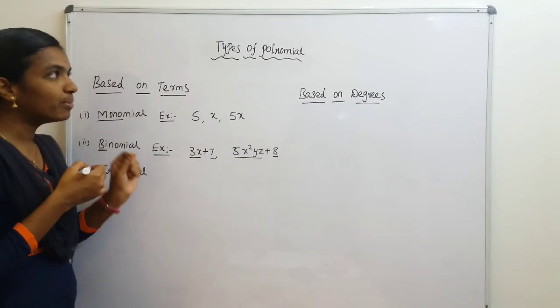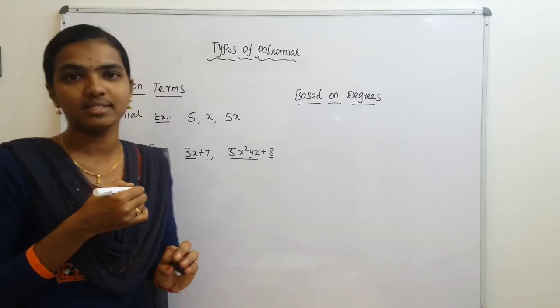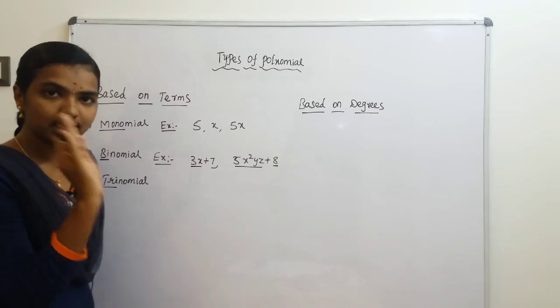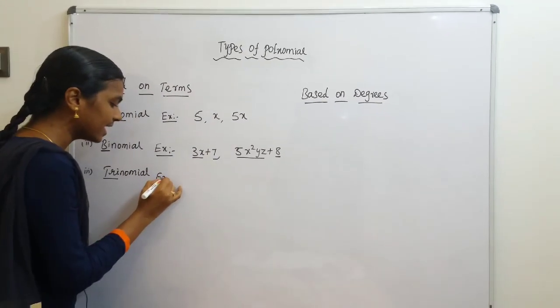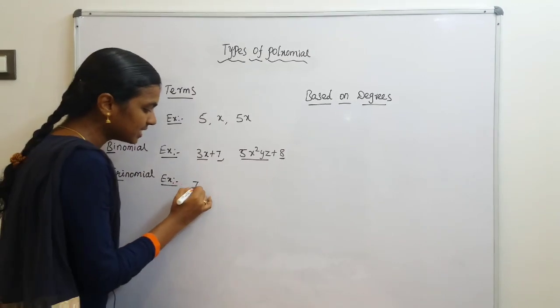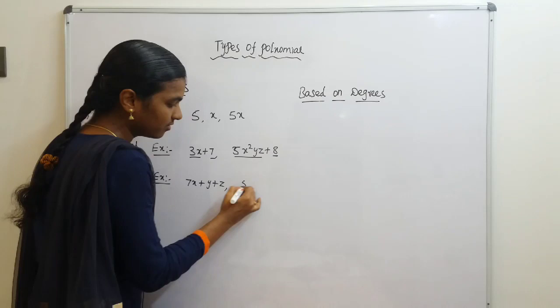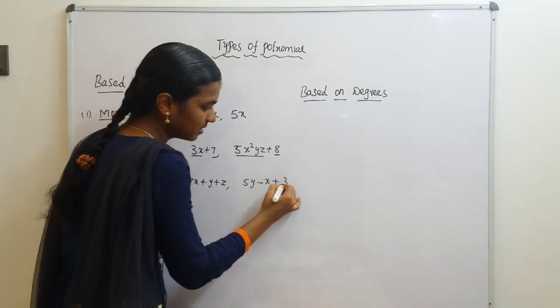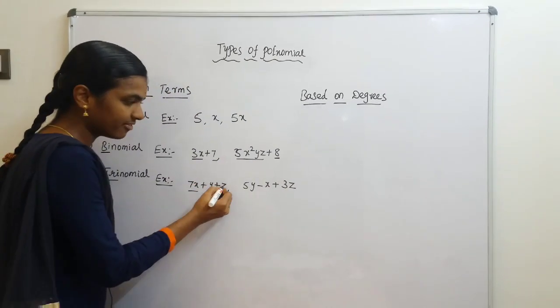If a polynomial has 3 terms, it is called a trinomial. Tri is nothing but 3. So there will be 3 terms. Take an example of 3 terms: 7x plus y plus z, or 5y minus x plus 3z. How many terms are there? 1, 2, 3, with different variables.